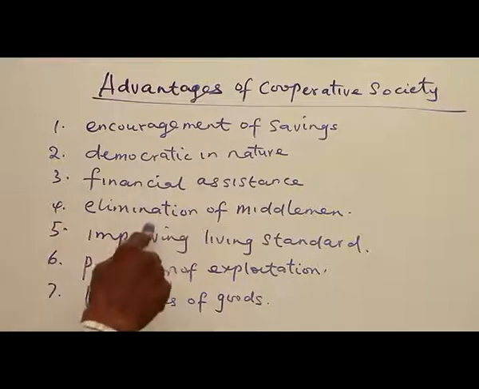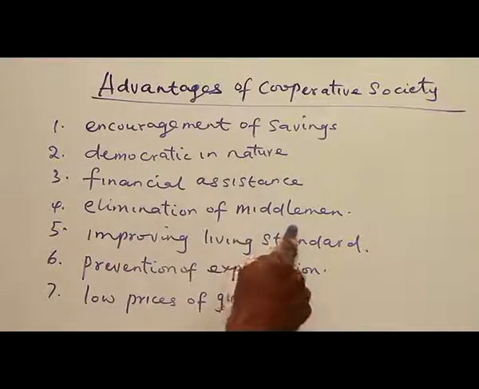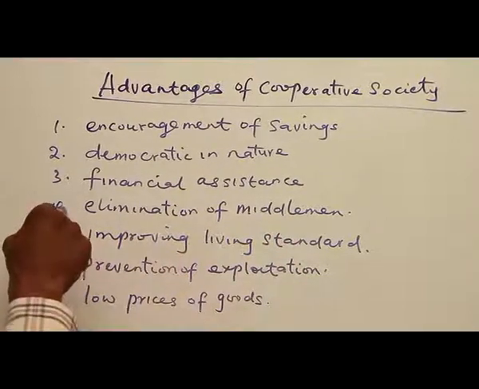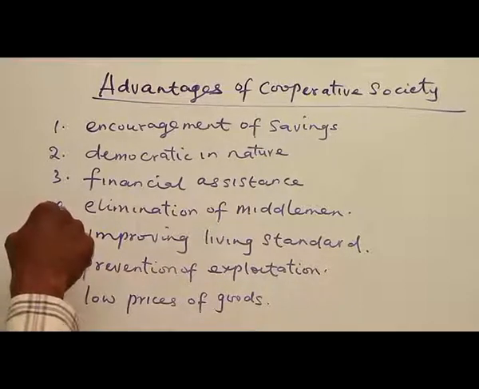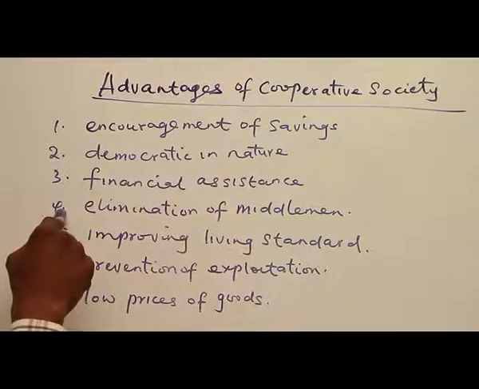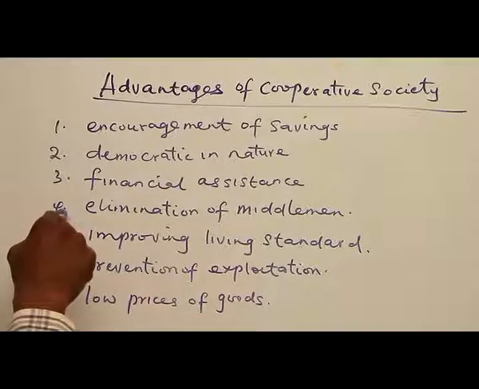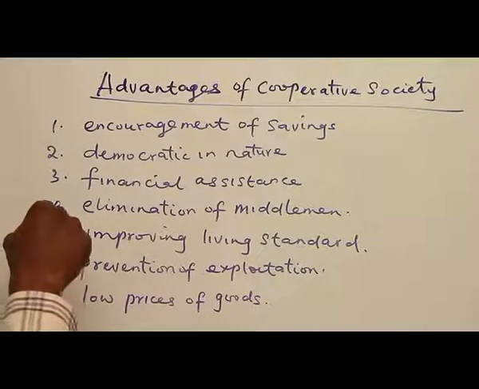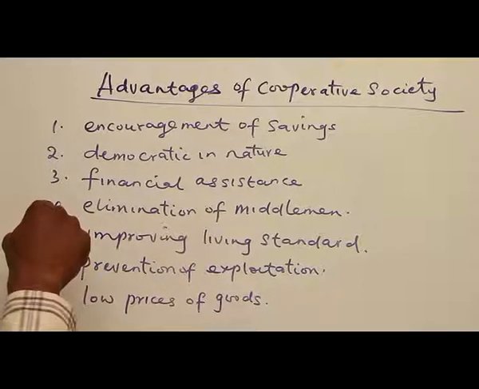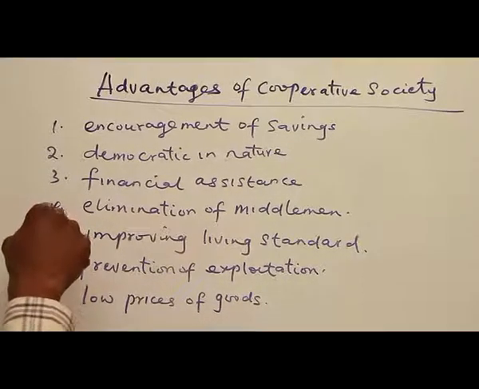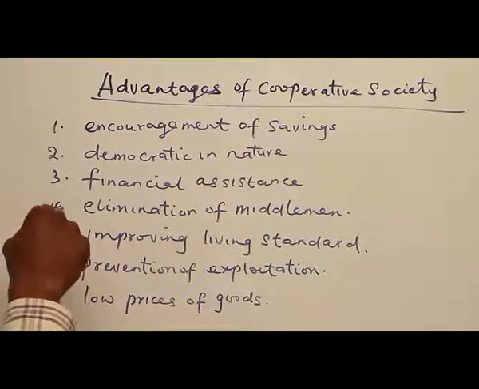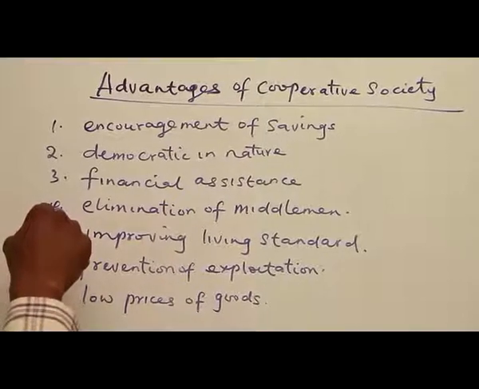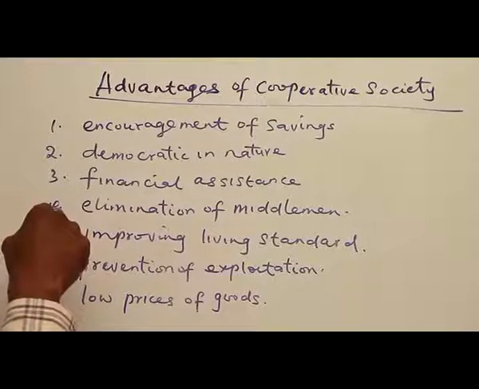Number 4, elimination of middlemen. The key reason behind the establishment of cooperative society is to bypass the middlemen, wholesaler and retailer, because these people increase the prices of goods and services that make it difficult for consumer or producer to have access to this.